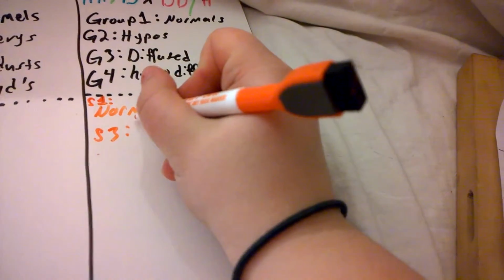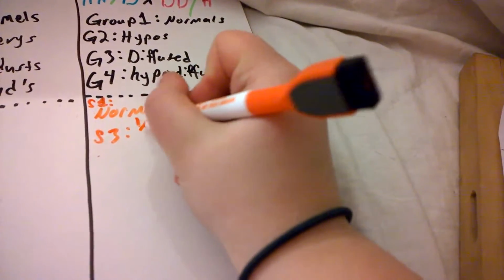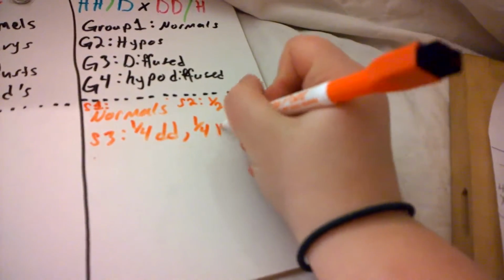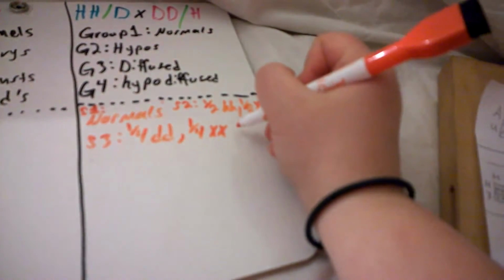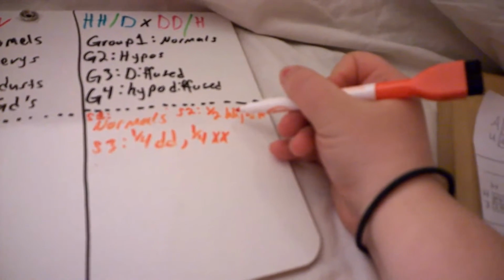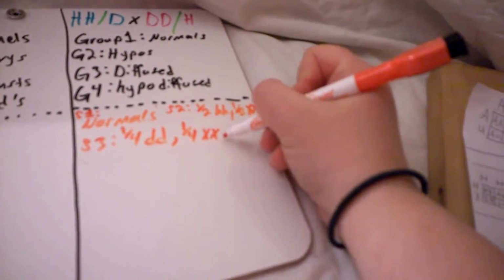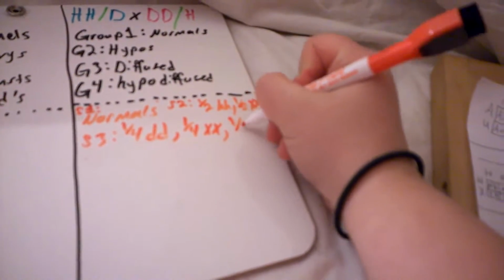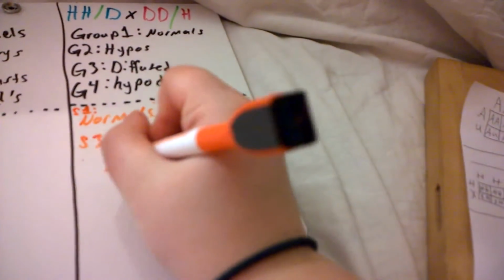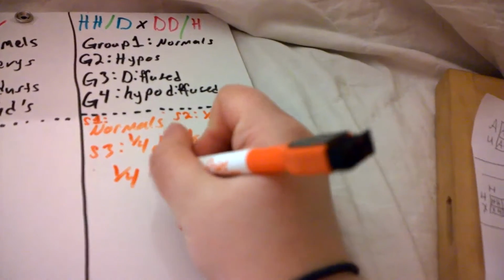So we're going to split that in half into 1/4 diffused, and then 1/4 not diffused, and not hypo, by the way. And then we also cut the hypo in half and make half of those diffused. So then there's 1/4 left of the hypo, and leaving 1/4 hypo diffused.